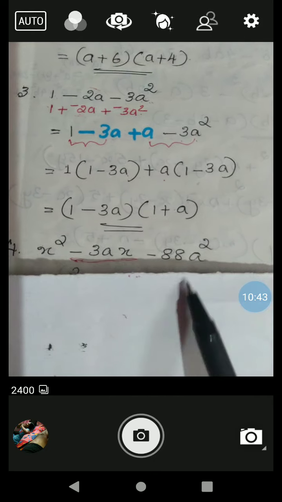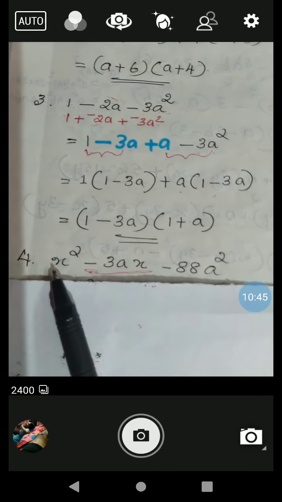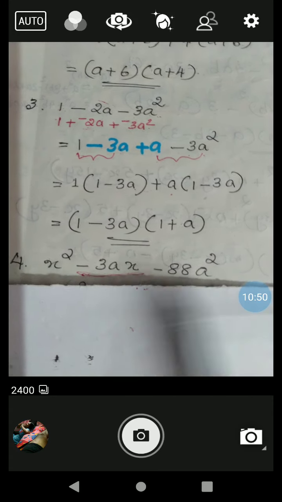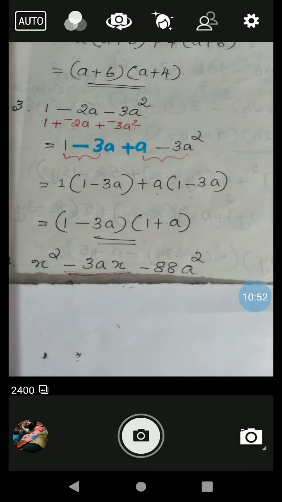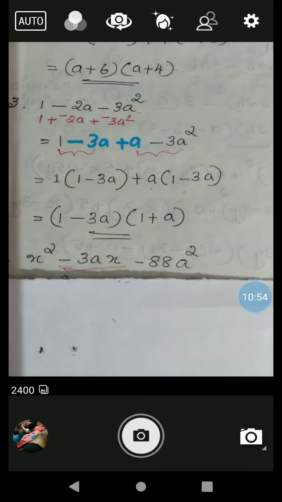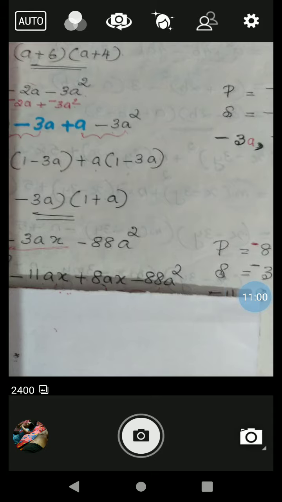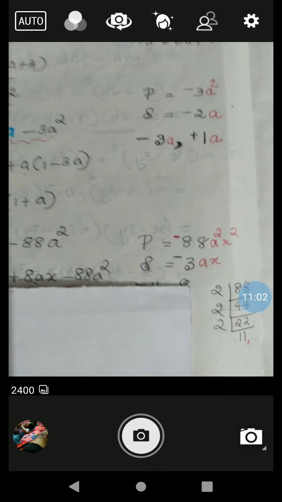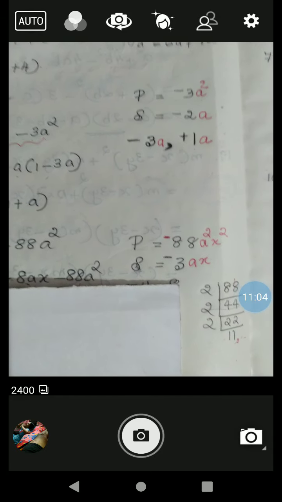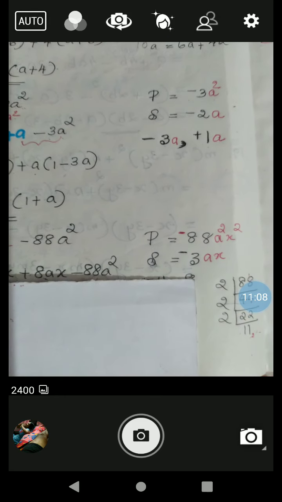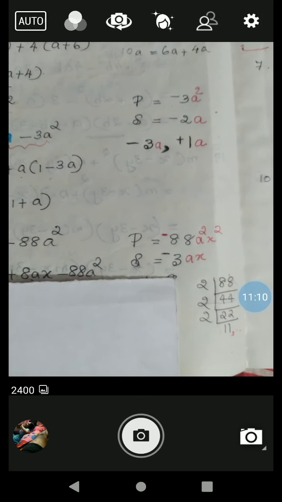Product is the coefficient of this and the coefficient of this multiplied, like this, minus 88a square into x square, or simply minus 88. And the sum is the coefficient of the middle term, that is minus 3. Find two numbers whose product is minus 88 and sum is minus 3.